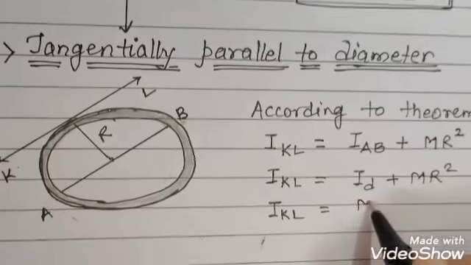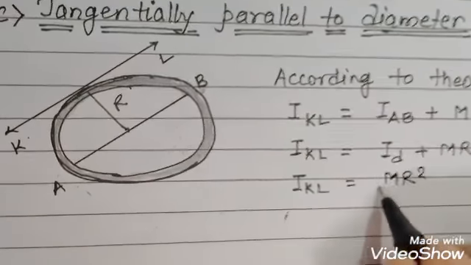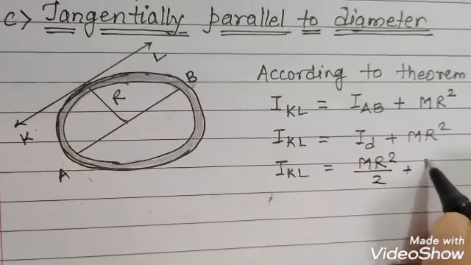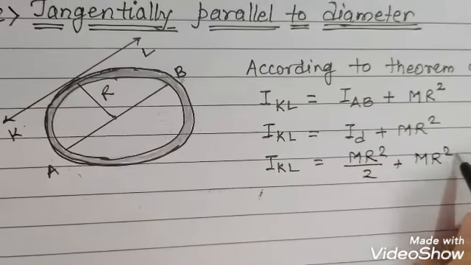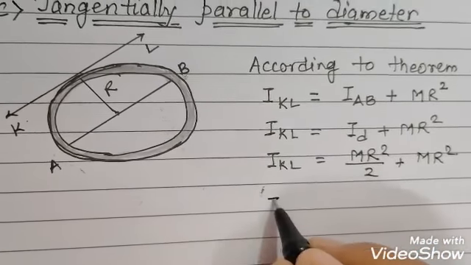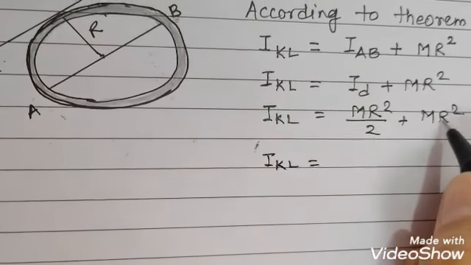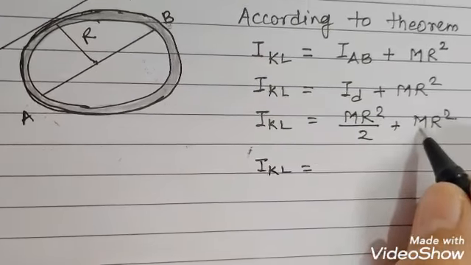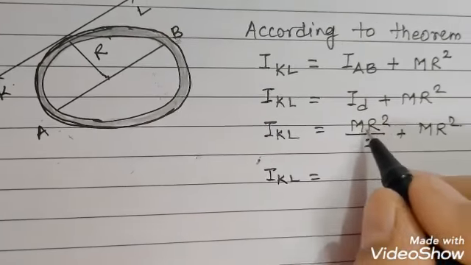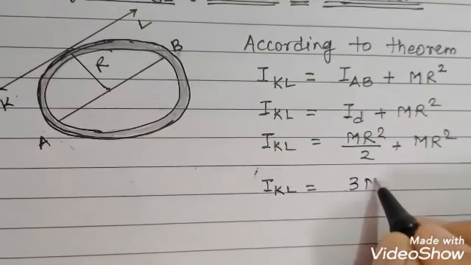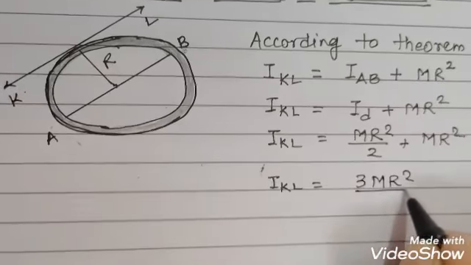So we'll just put the value of ID, that is MR square upon 2, and this is also plus MR square. Now what you will find, IKL is, taking the LCM, 2 MR square plus MR square will give us 3 MR square upon 2.